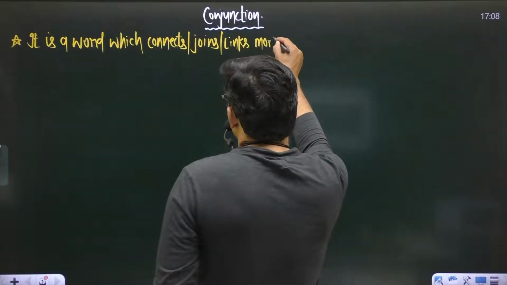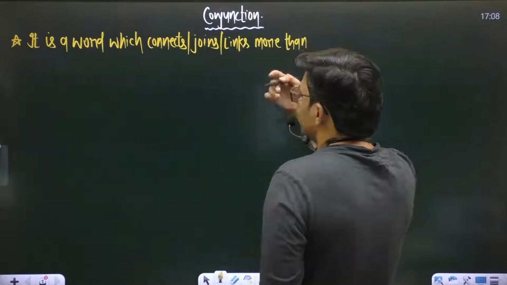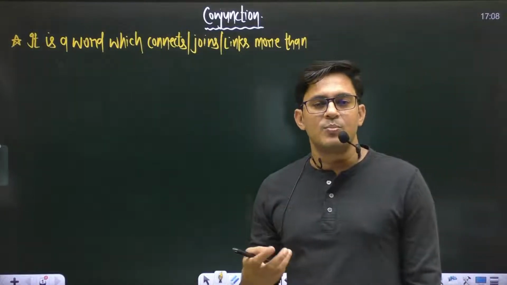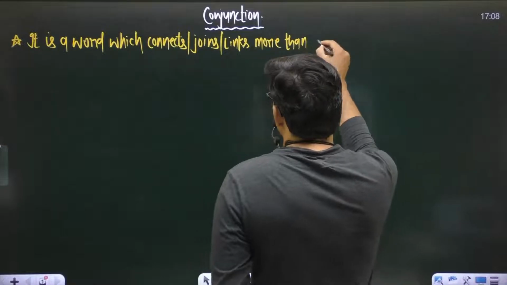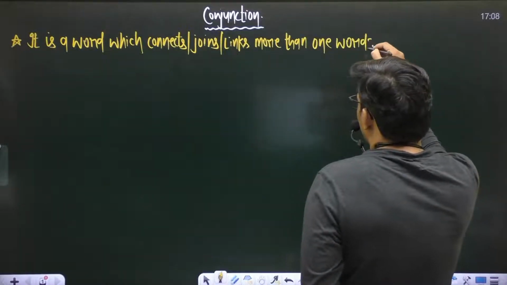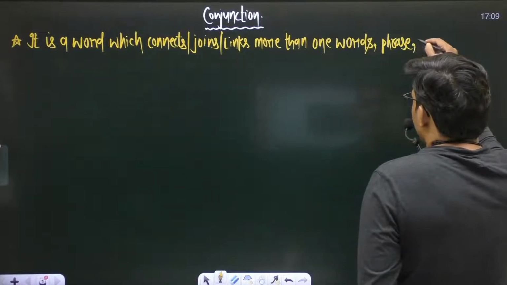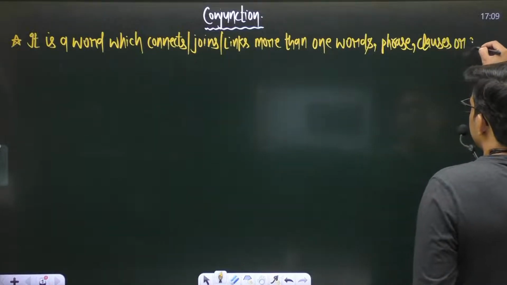More than one, make sure of it. It can be 2, 20, 200, 2000, 2 million, billion, whatever, but it must be more than one. More than one what? More than one word, more than one phrase, more than one clause, or more than one sentence, right?